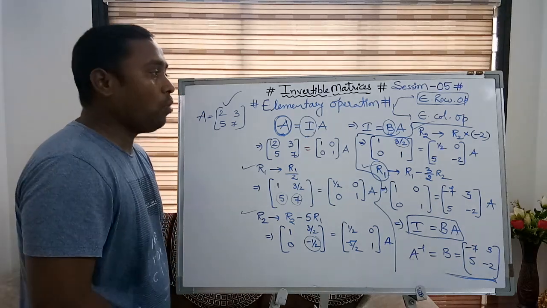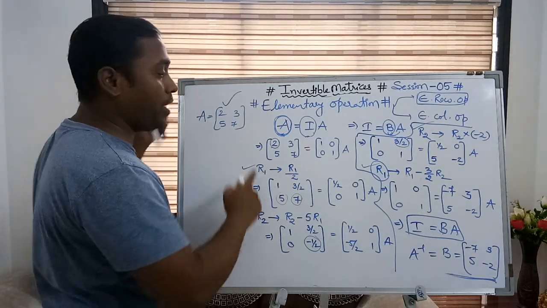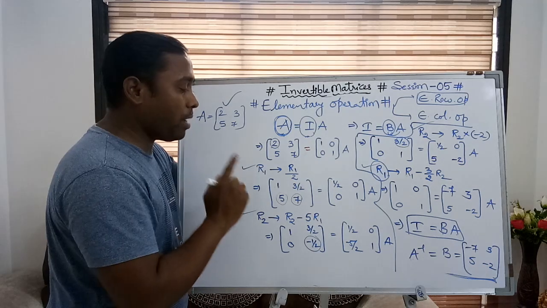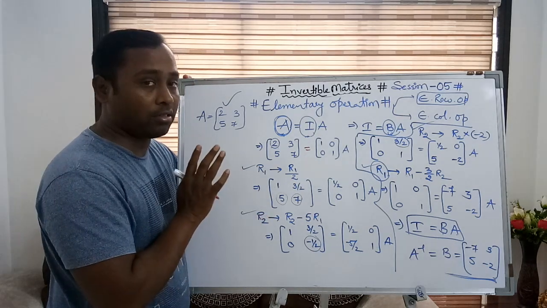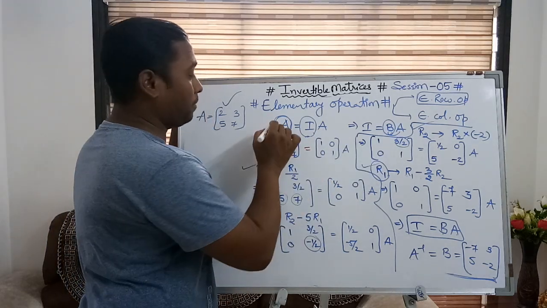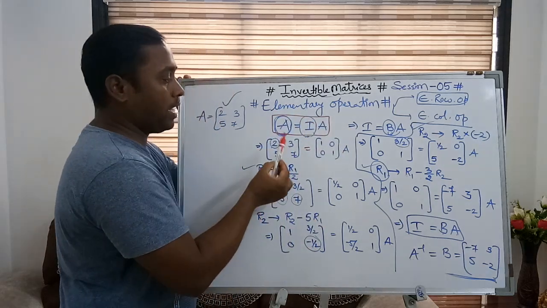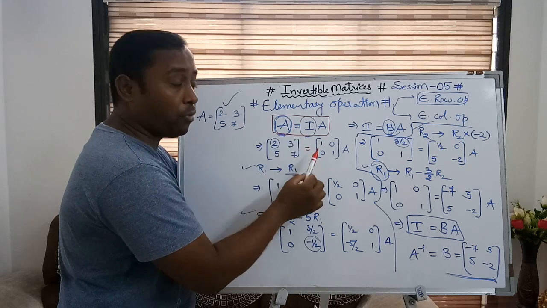So how will we start this method? Always remember the sequence. If you are following this method step by step, you will definitely get the answer. If you change anything in between randomly, you may get stuck somewhere else. You must start with the statement A is equal to I into A. This order is also very important.